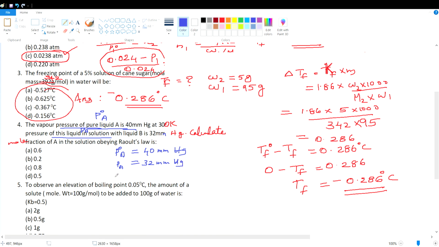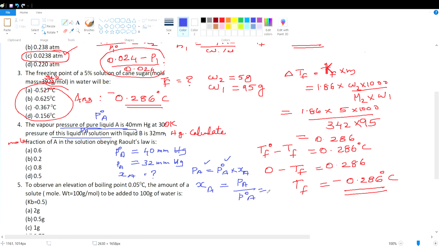So what is the mole fraction of A, XA? We need to calculate it. We know Raoult's law: PA is equal to P0A into XA. PA and P0A are given here, so XA will be equal to PA divided by P0A.